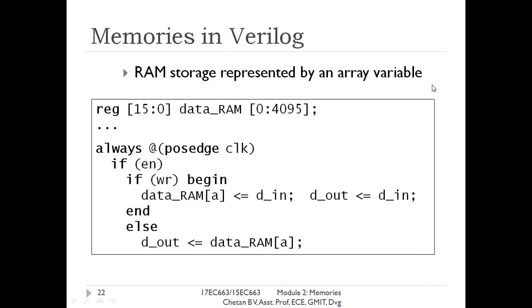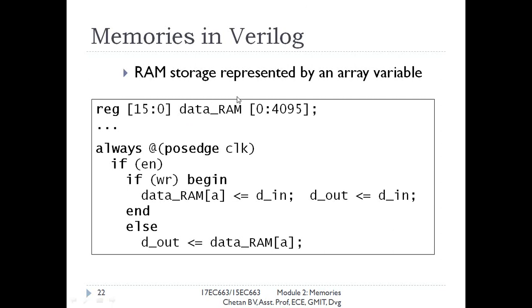Next is how to model these memories in Verilog. That is the Verilog equivalent of flow-through SSRAM. First of all, a RAM or a memory will be realized like this. So you need to use the array concept for realizing a memory.